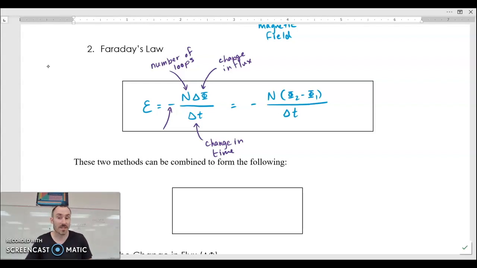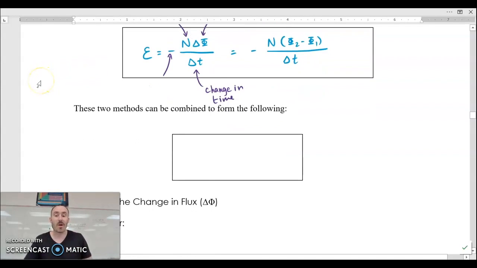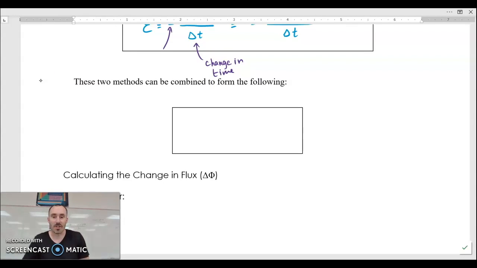Now we can also expand that formula for flux, right? Because from last lesson we have a formula for flux. We'll do that later. We can combine these two things as well to form the following equation. V B L is equal to negative N change in flux over change in time.